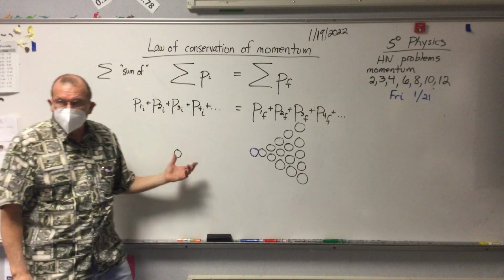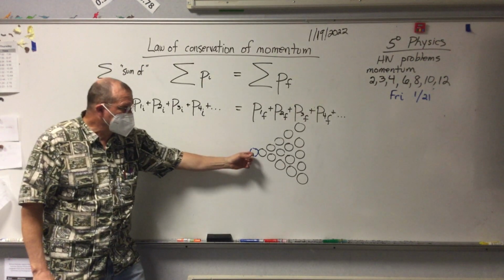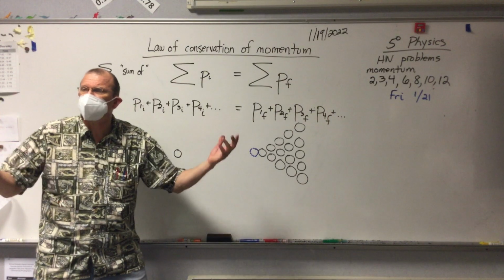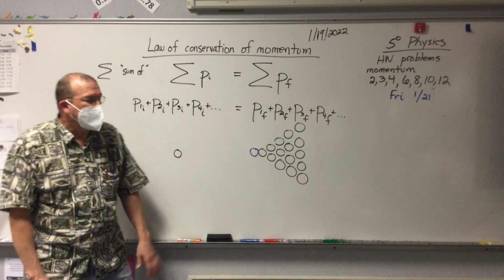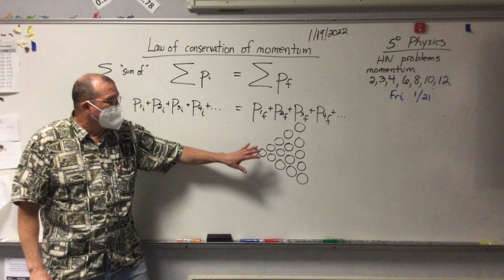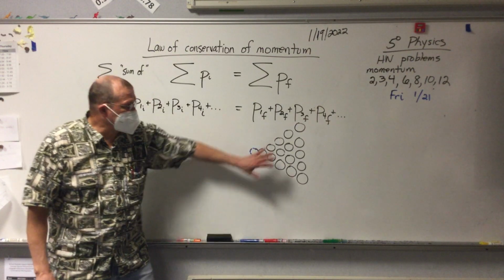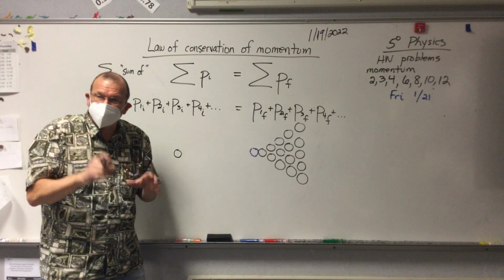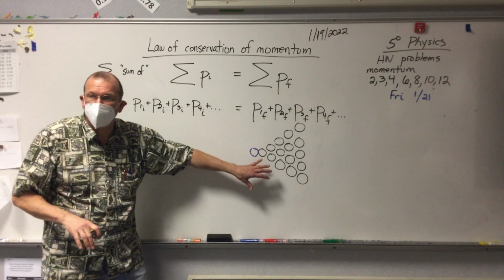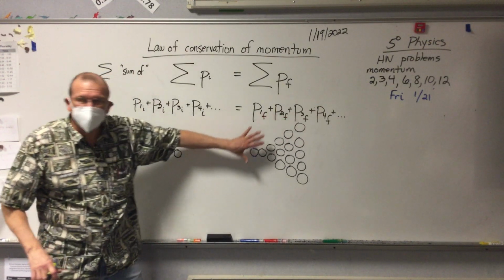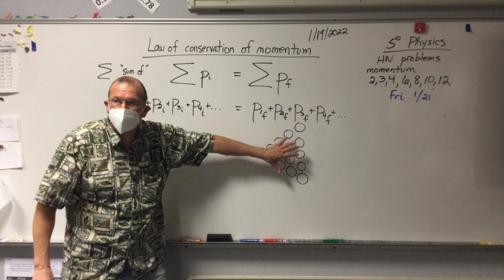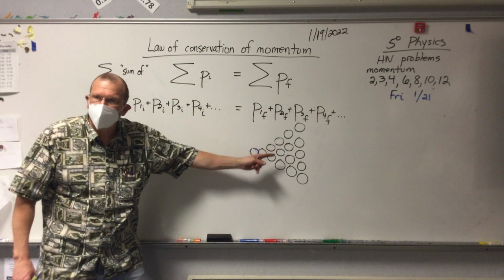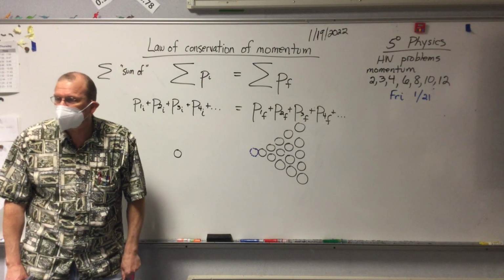You start with a certain amount of momentum, and then something happens. In our case, the something that happens is usually a collision of some type. And after the collision, things look different because now these 15 balls look like they're going all over the place. But if we could meticulously keep track of their individual momentum, all 15 of the balls' momentum would add back into the single amount of momentum that the cue ball had after the player hit the ball.